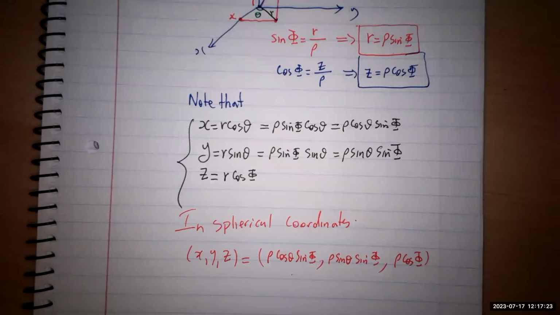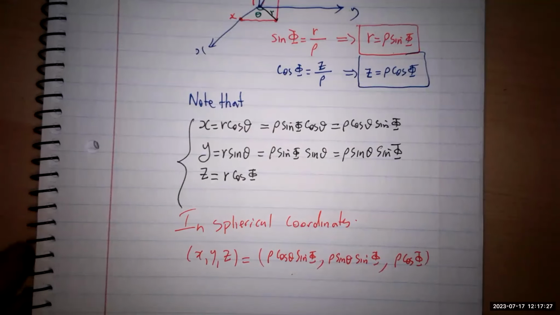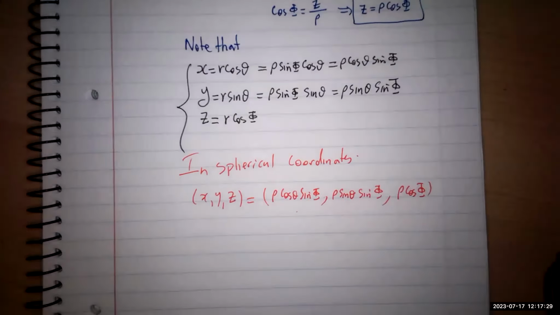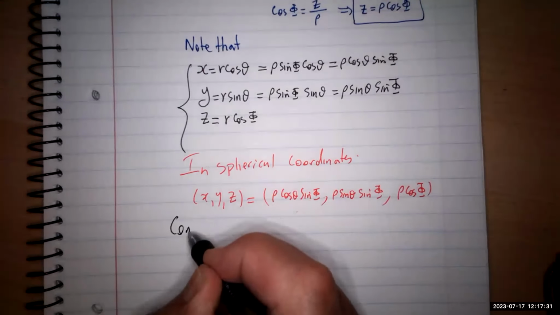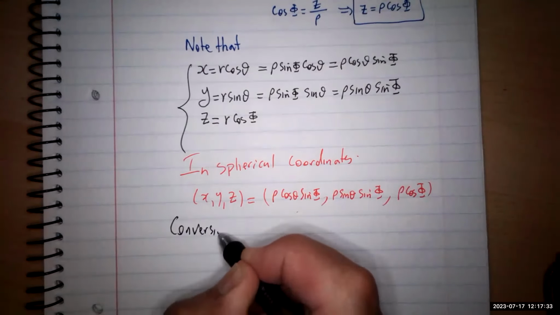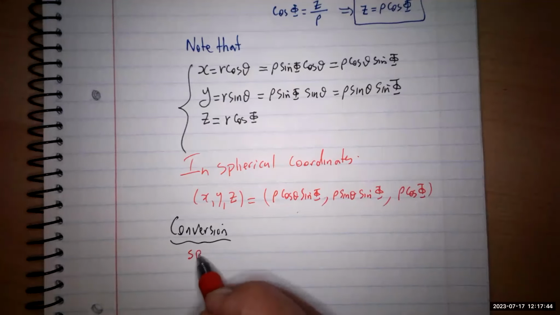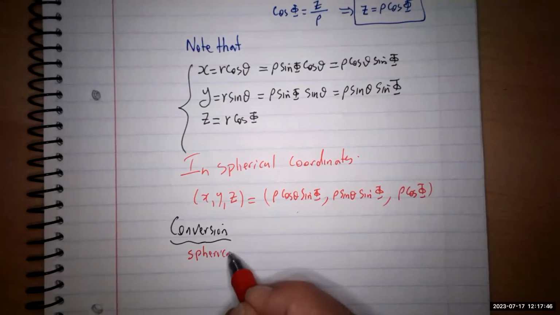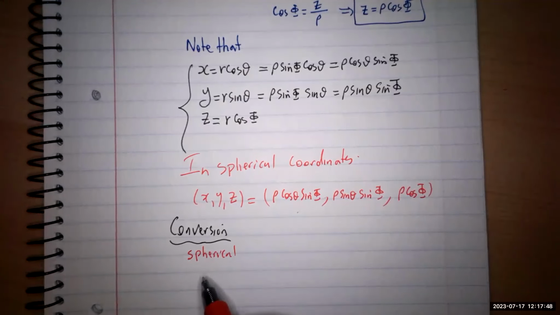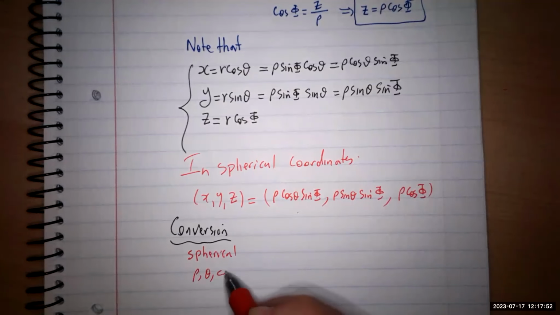Again, if you want to switch, I can rewrite it for you, but integration is going to be important. Let's write down the conversion, if you want to change from one to the other. For the conversion, if you have a spherical coordinate, so your spherical coordinate would be rho, theta, phi.